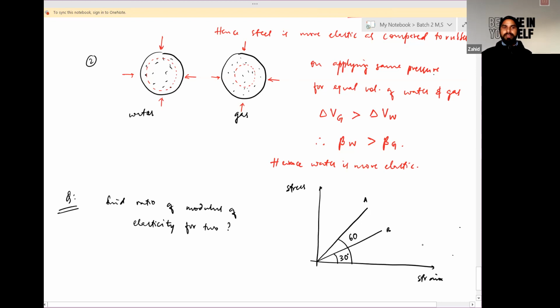As I have defined earlier, modulus of elasticity in terms of graph will be equal to its slope. So try to find the slope of A and B and take the ratio of them.